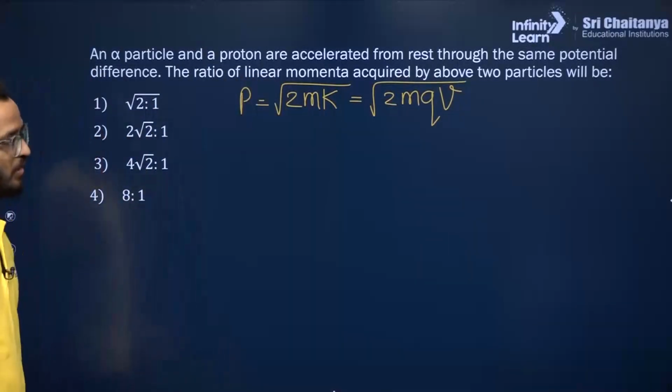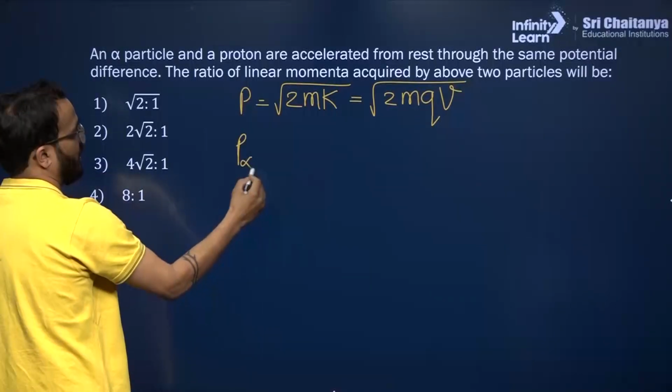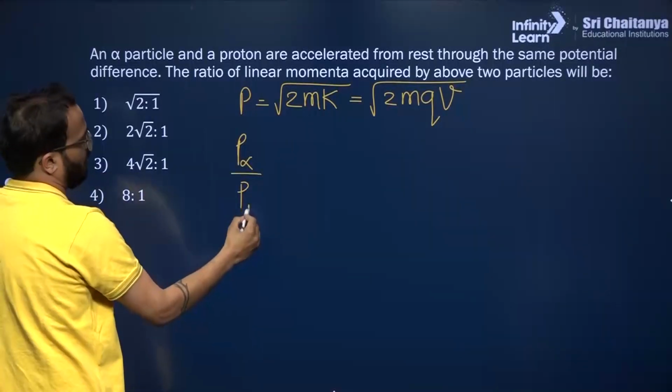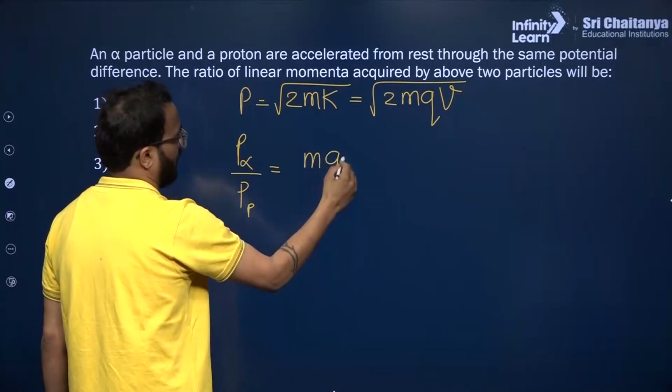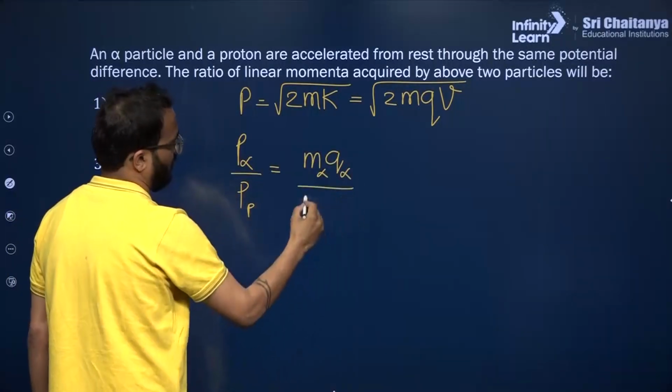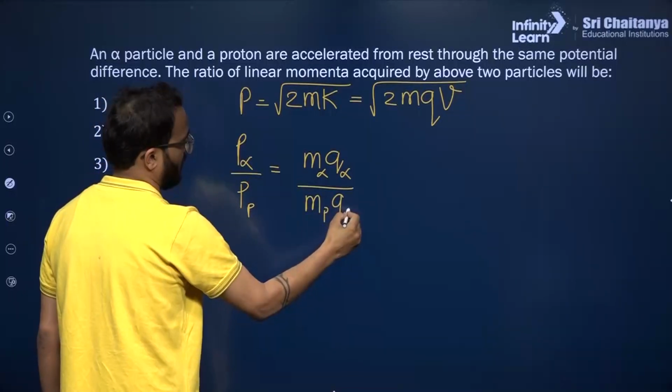Now if they are accelerated through the same potential difference, P alpha upon P proton will be root of m alpha q alpha upon mass of the proton into charge of the proton.